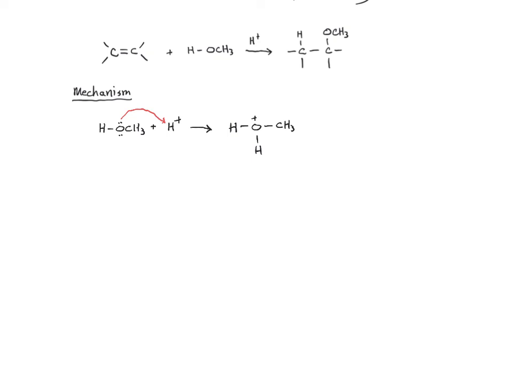So the alkene can come in with its electron-rich pi bond and steal a proton from here. Notice that at this point we break open the pi bond.